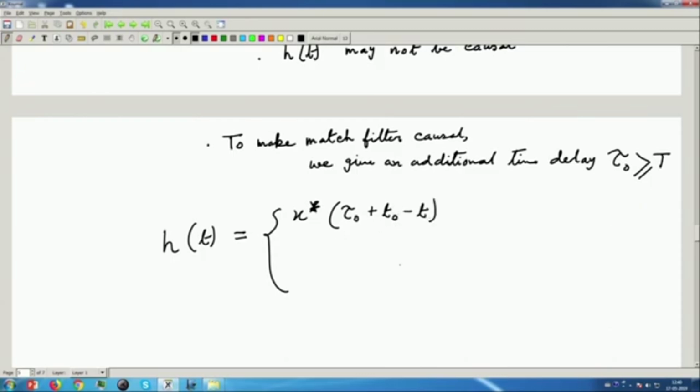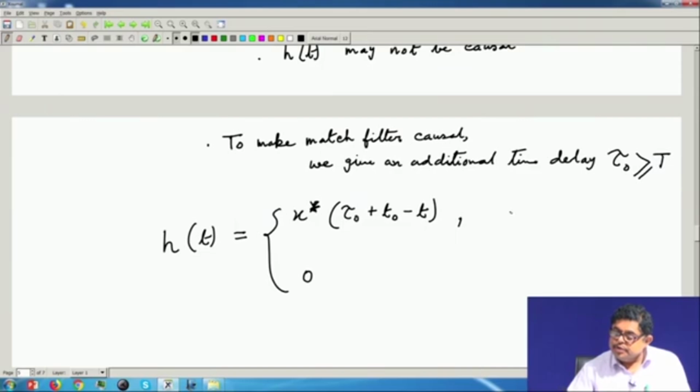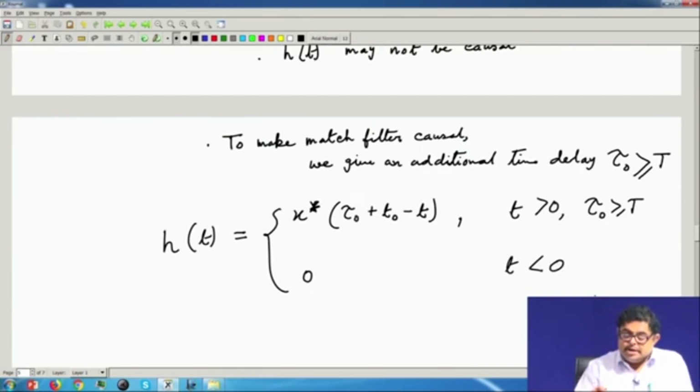So, if I do that, it will always be causal. This is for t greater than 0, and I am again writing explicitly tau naught is greater than T, and at t less than 0 I am deliberately making h(t) 0 to make it causal, and this is actually the expression we will be using.